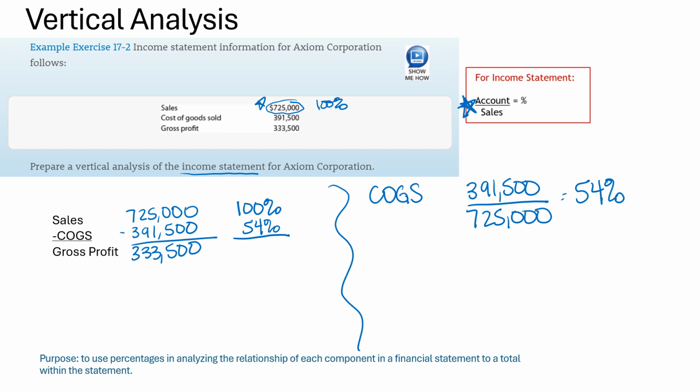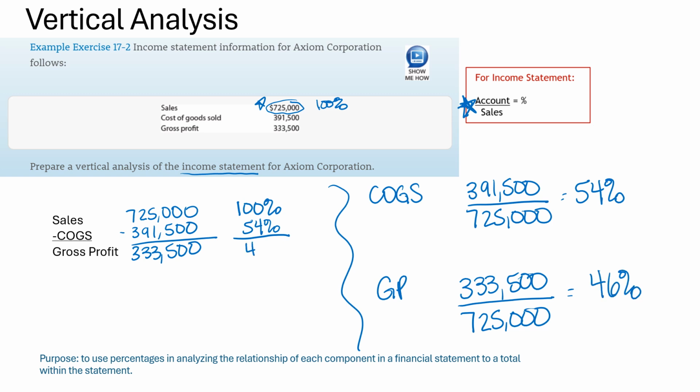And then for gross profit, that amount is $333,500. Divided by the base amount, which is sales, of $725,000. When you divide that, you will get 46%. And so you can see there, these two equal 100%, which is the base amount for the vertical analysis of the income statement.